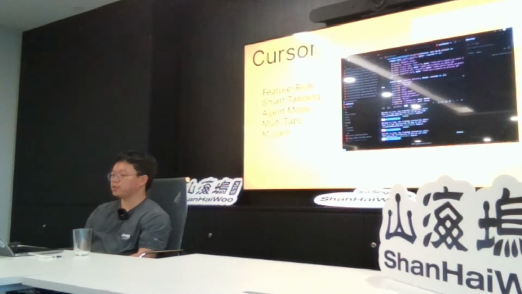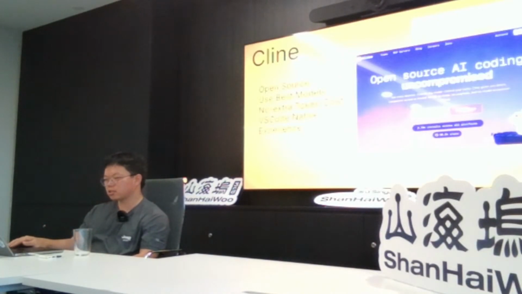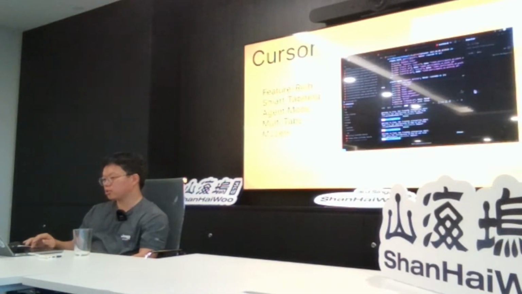There are a few ways of doing debugging. If you are using an IDE like Cursor or Cline, you can run the code in the terminal, and when it has an error or an exception, you can just copy the stack trace to the chatbot, and it can help you. So you don't need to always do the copy and paste. You just select the messages you want Cursor to be aware of.